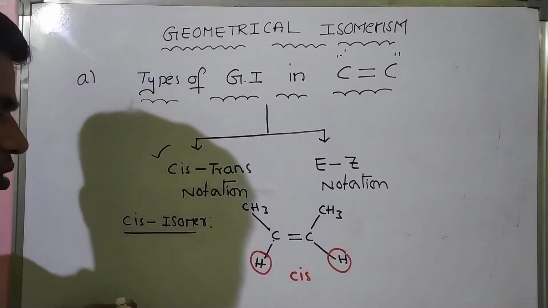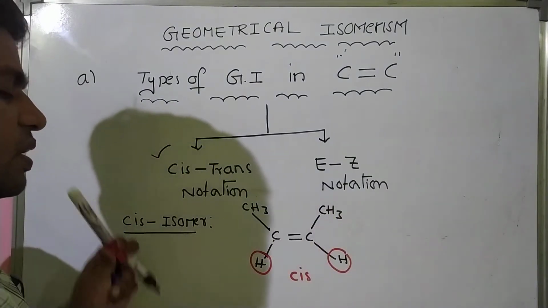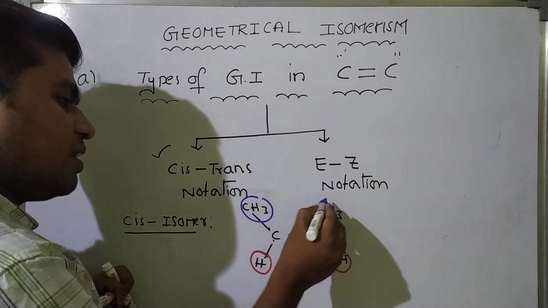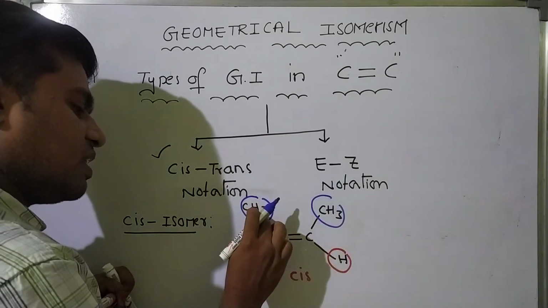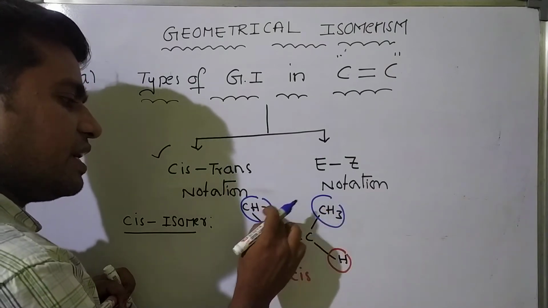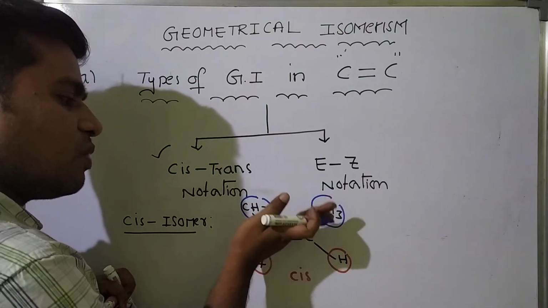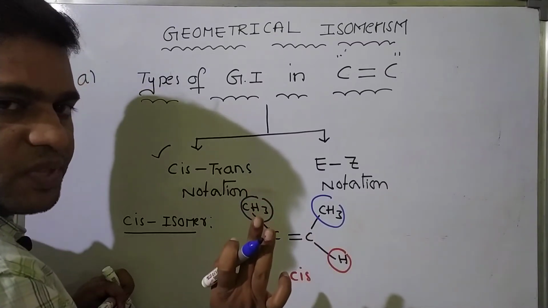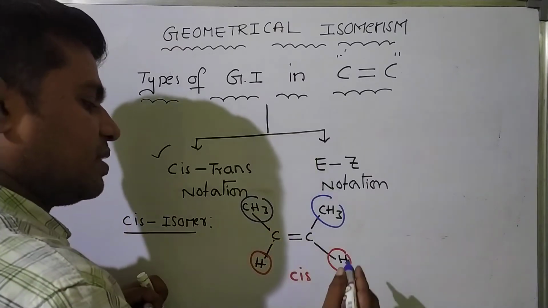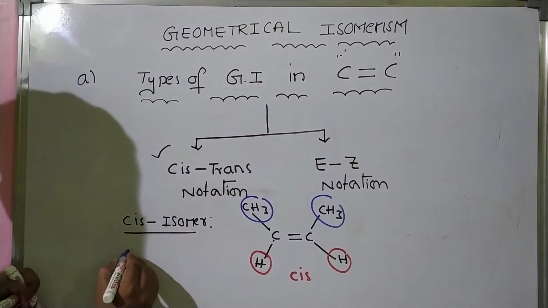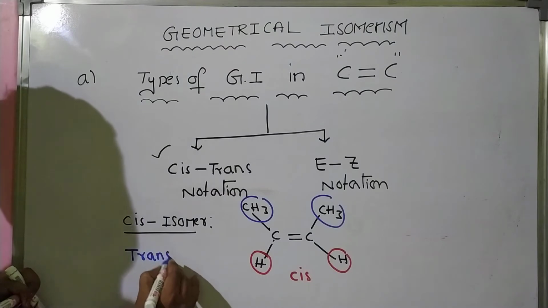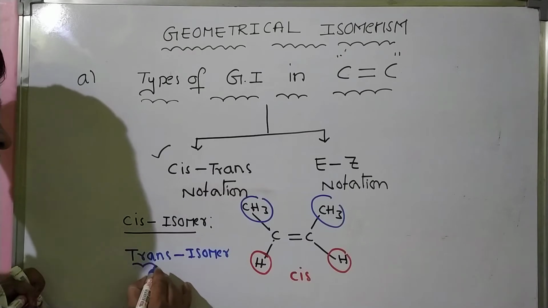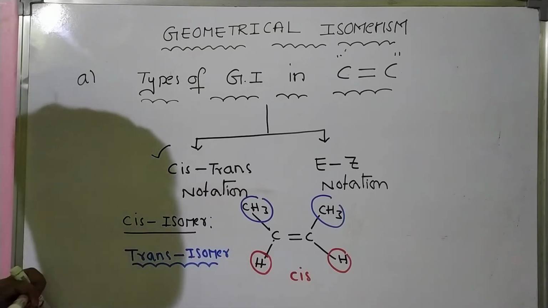Now see students, in this case also, upside, the methyl groups are equal groups which lie on one side with respect to this carbon-carbon double bond. So it is cis. Okay, understanding. Next, what is called trans isomer? Very easy.